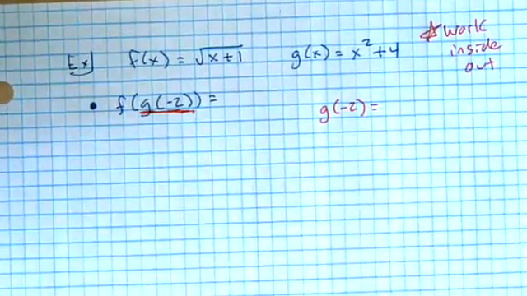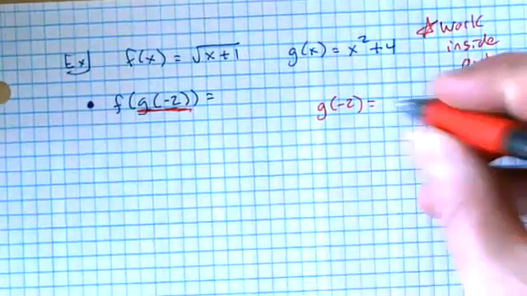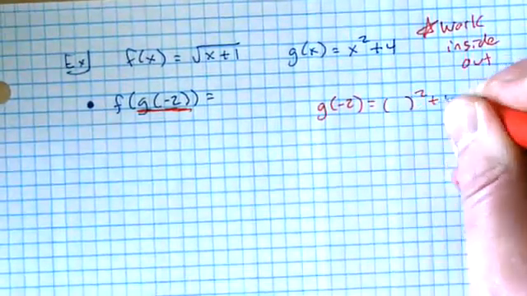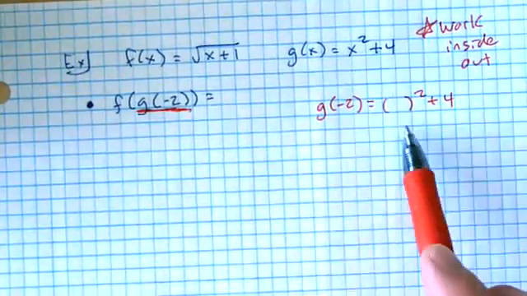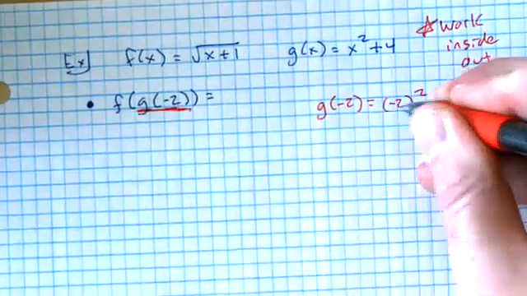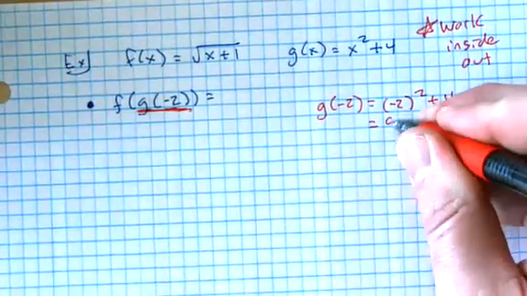You knew how to do this way back in Algebra 1. You learned that we're just going to take that negative 2 and pop it into our g function. The g function was x squared plus 4. We'll just put that negative 2 in there, do a little bit of mental math, and I believe we're going to get 8. Does that sound right to you guys?